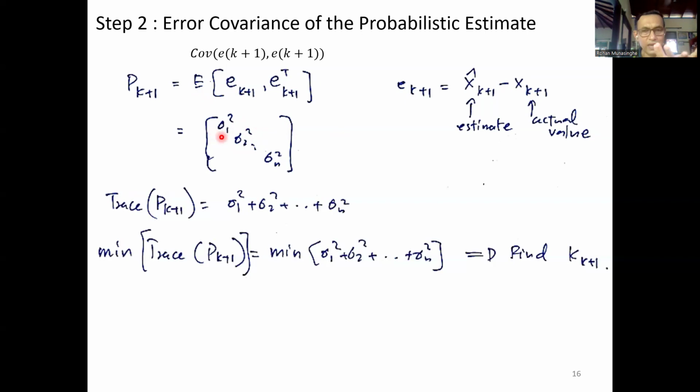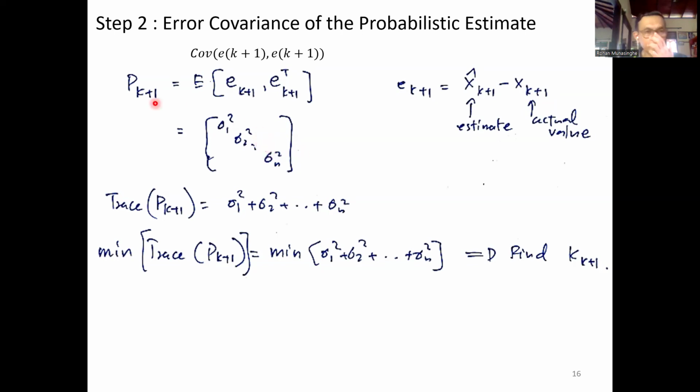Sigma is the standard deviation, the square of that is the variance. But generally we say covariance because this can be the same signal or different signals. Here, the variance is calculated only with respect to that particular state, x1 and x2. We are not actually combining x1, x2 together. Then it becomes actually a covariance matrix.